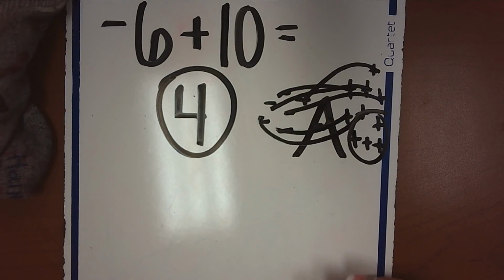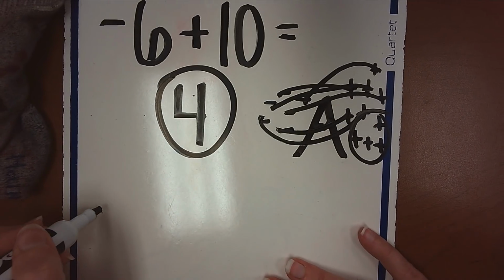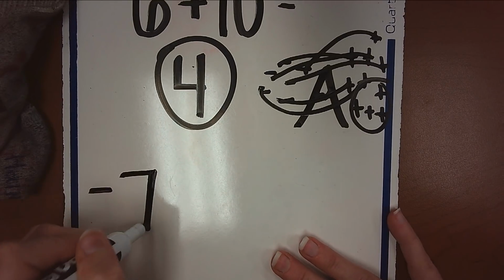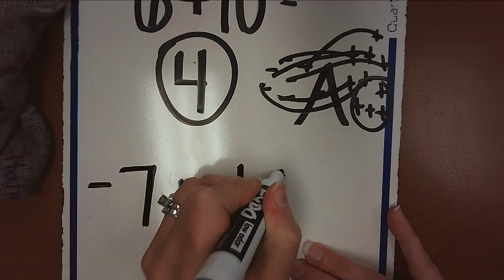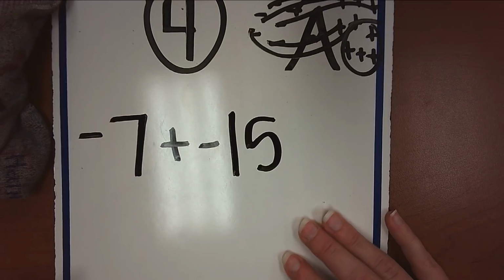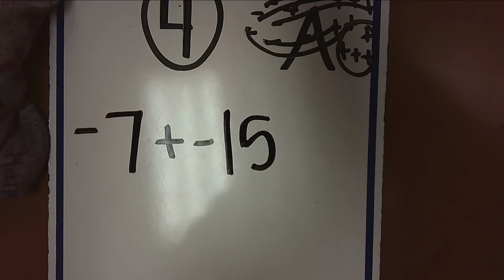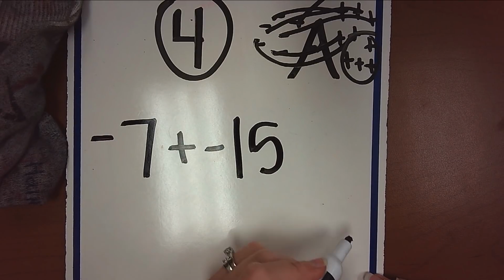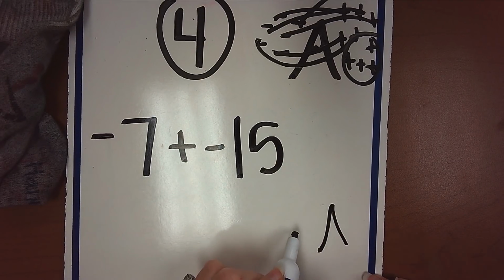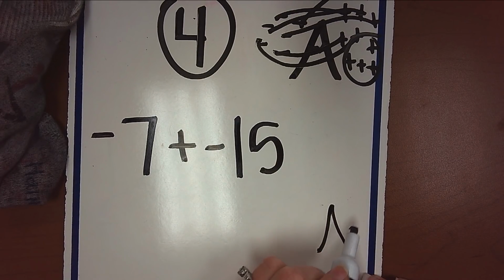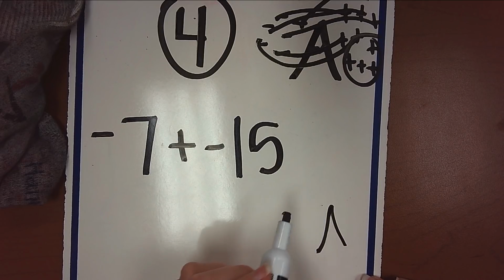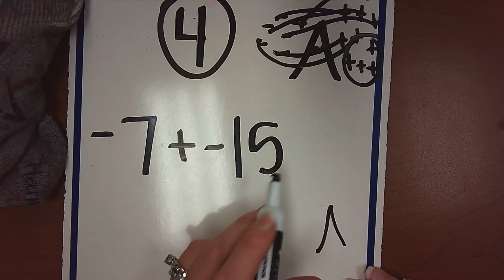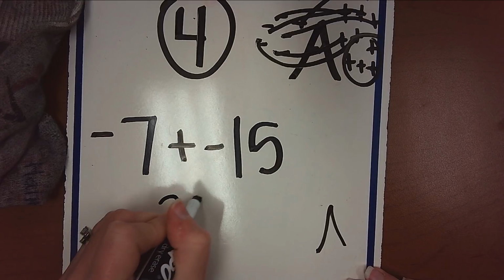Now, when signs are the same and we're adding, like negative 7 plus negative 15, if signs are the same, we want to add and keep. So if you, again, can picture your mountain, you know you've got 7 negatives over here, you've got 15 negatives over here. They're going to join armies. They're going to be friends. So we're going to add the two together. 7 plus 15 is 22.